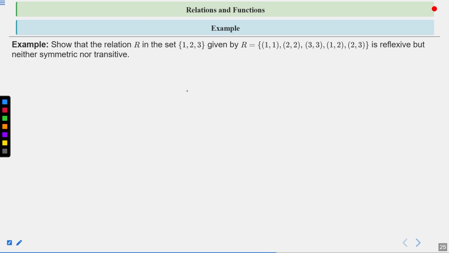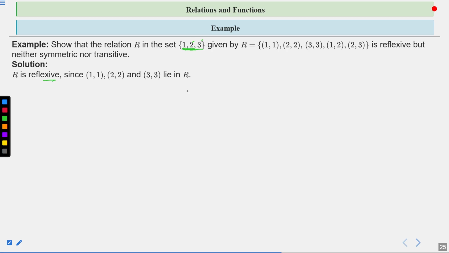Solution. So starting with the given information, for reflexive, first of all you start with your domain set, which is {1, 2, 3}, and see that for the domain elements you are getting the pairs (1,1), (2,2) and (3,3).